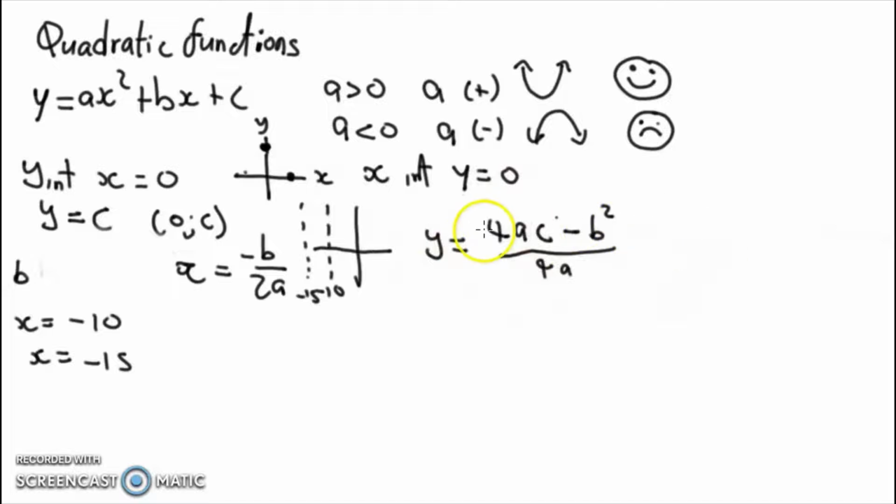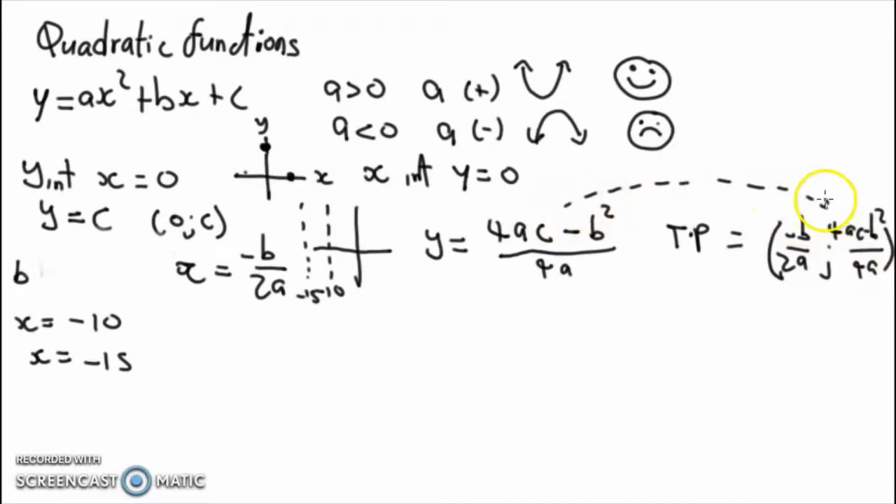In a nutshell, b affects the turning point, because the turning point is given by negative b over 2a and also by 4ac minus b squared over 4a. If this is not clear, it's actually this value here. So b affects the turning point. I will investigate how it affects the turning point in the next video, when it comes to the y value of the function.